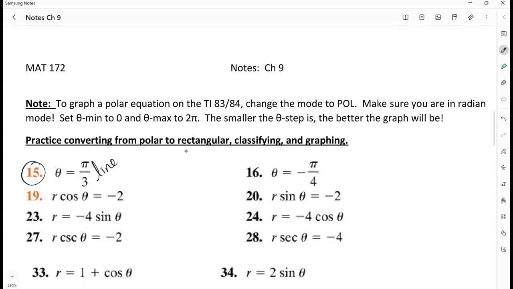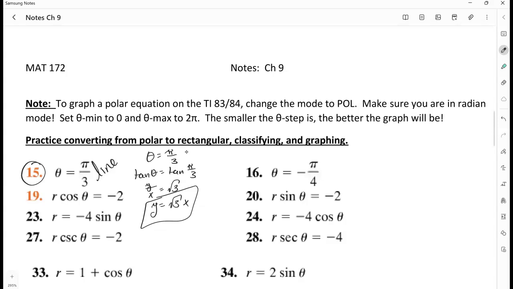And if we wanted to write that in rectangular, we can take the tangent of both sides. Tangent of theta is the same thing as y over x. The tangent of pi over 3 is square root of 3. And so that's going to be equivalent to y equals the square root of 3 times x. So you can see your slope here is going to be square root of 3.